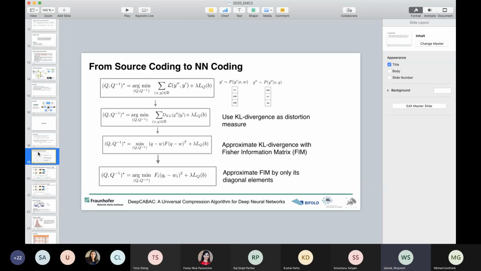But as I said, in neural networks, we are not really so much interested in the error between the compressed and uncompressed weight parameters, but we are much more interested in the errors in the output of the neural network. So you can rewrite this objective as seen above.